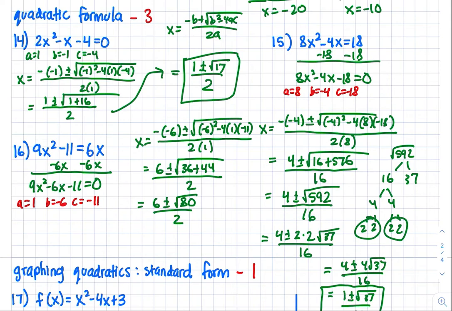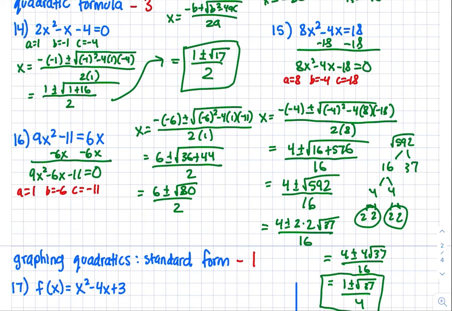Now you have to see if you can simplify that square root of 80. So square root of 80: 10 and 8, 2 and 5, 4 and 2, 2 and 2. Can you find pairs? I certainly can. Here's a pair of 2's right there, and here's a pair of 2's right there. So we are going to have 6 plus or minus 1 pair of 2's right here, and this one's from the other pair of 2's, and the leftover was 5.